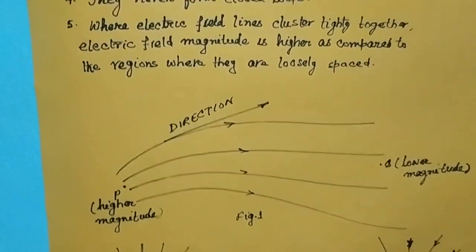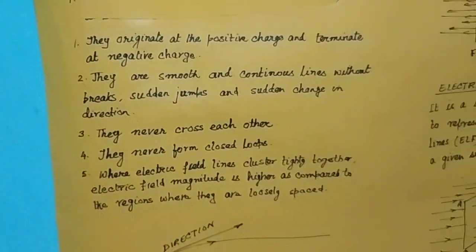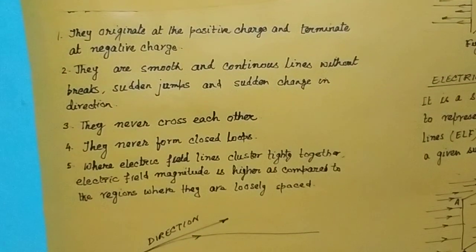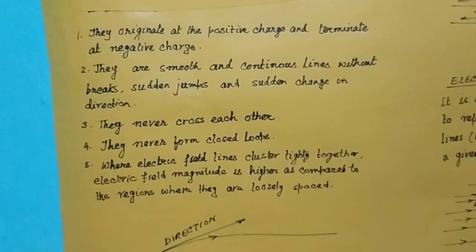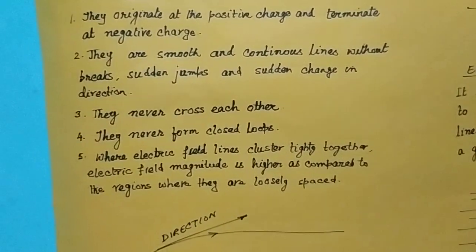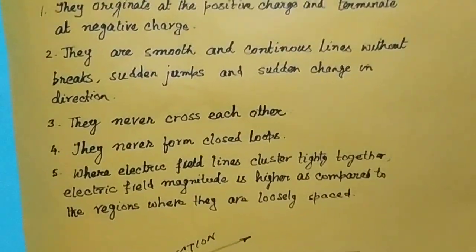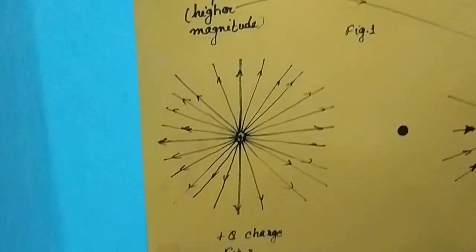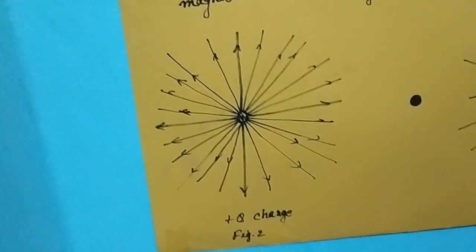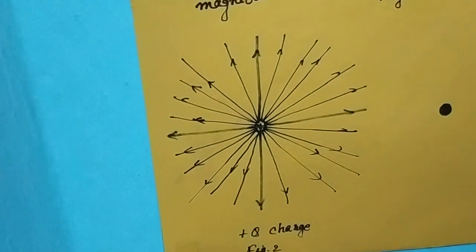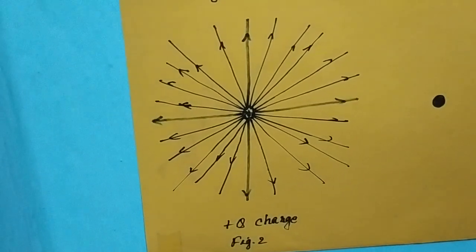Keeping in mind all the properties that we have discussed regarding electric field lines, we can draw electric field lines due to certain charge configurations. The simplest charge configuration is an isolated positive charge. Figure 2 represents electric field lines due to a single isolated positive point charge.